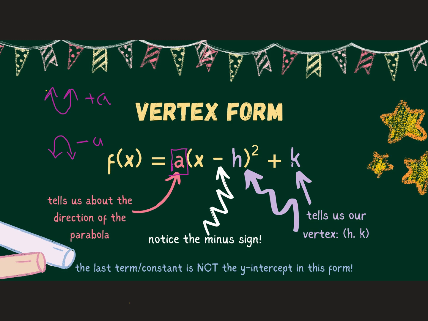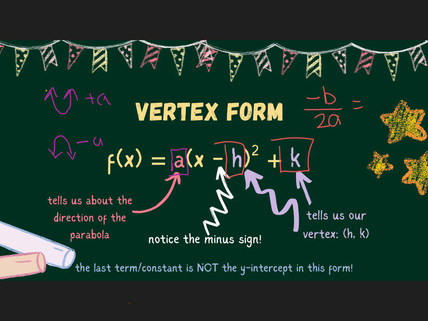We get our h and our k, so these are two new values. This h and k are from the vertex of our parabola. Remember, in our previous lesson, we found our vertex by first finding the x value of our axis of symmetry using our formula, the opposite of b over 2a.